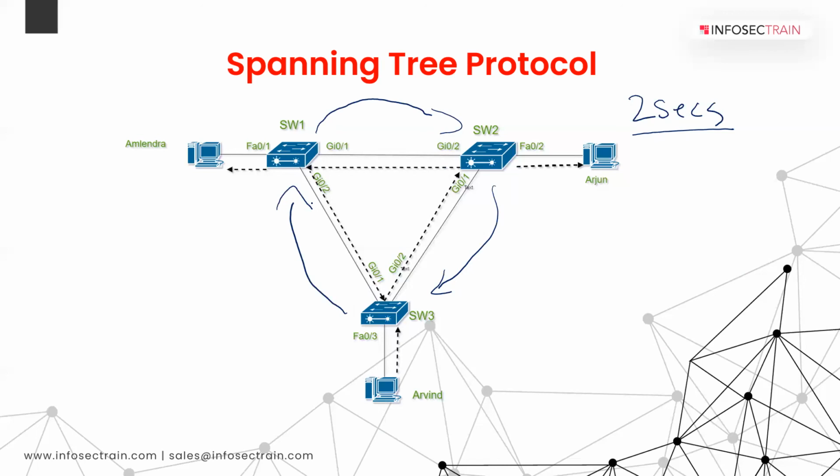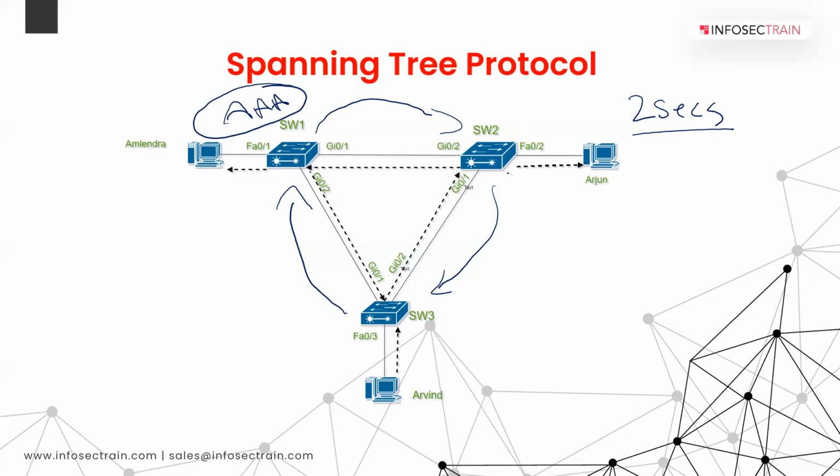So let's say the BPDU of switch 1 carries the MAC address of AAAA, and it was sending it towards switch 2. So switch 2 will compare it with its MAC address, and it will find out that my MAC address is greater than switch 1's MAC address. So I will stop sending my BPDUs and I will forward the BPDUs of switch 1.